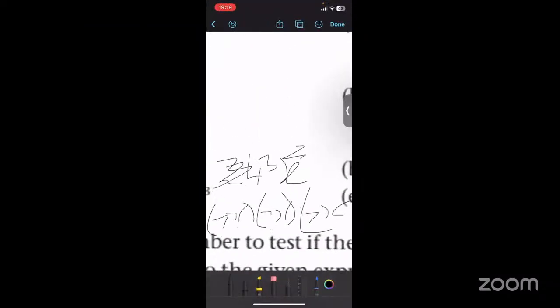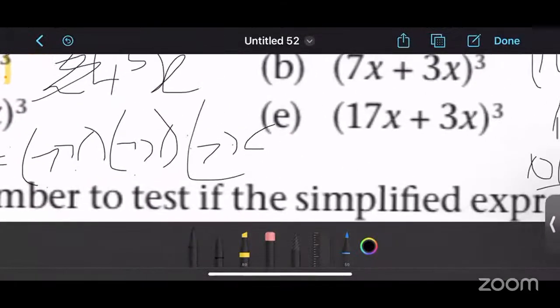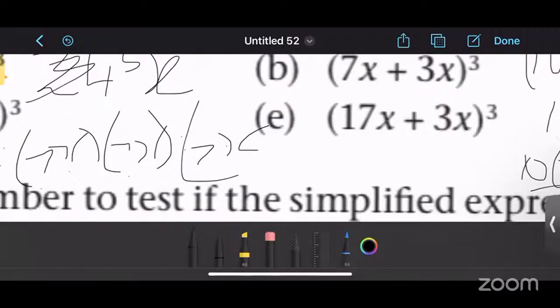Then the final answer will be 80x to the power of 3. So you have 20 to the power of 3. What is 20 multiplied by 20? 20 multiplied by 20 is 40. 20 multiplied by 20.